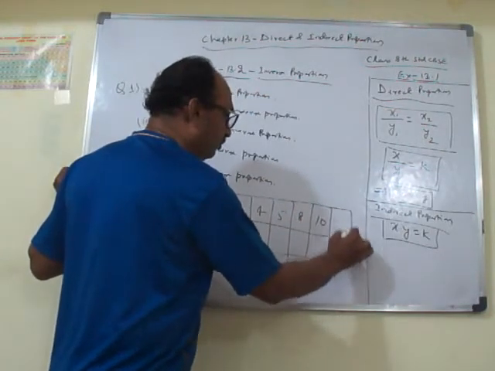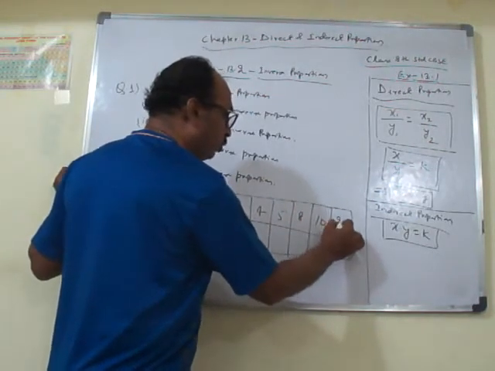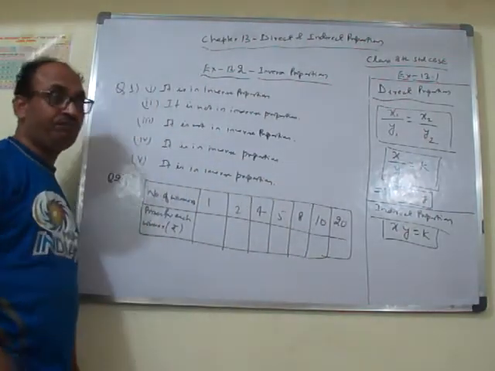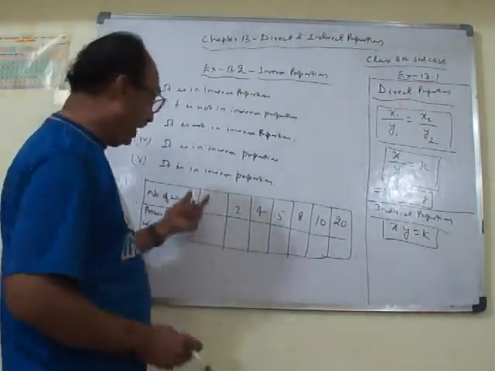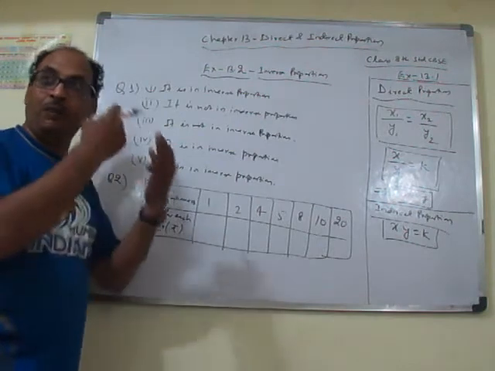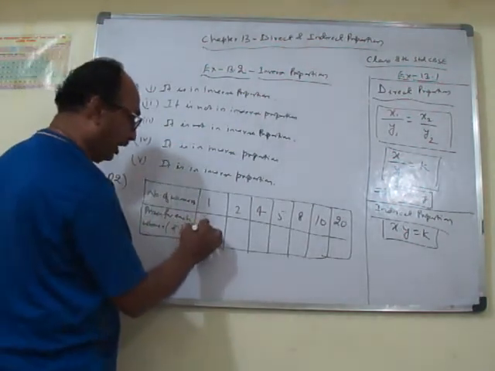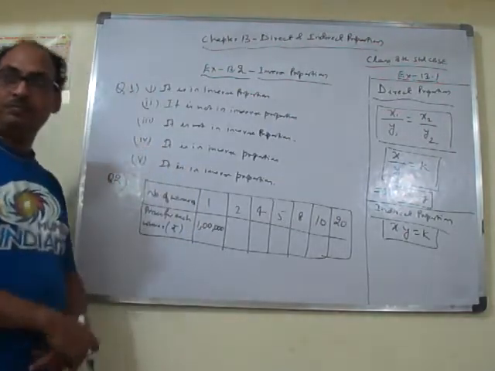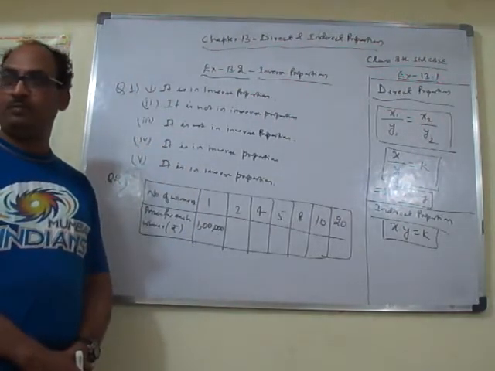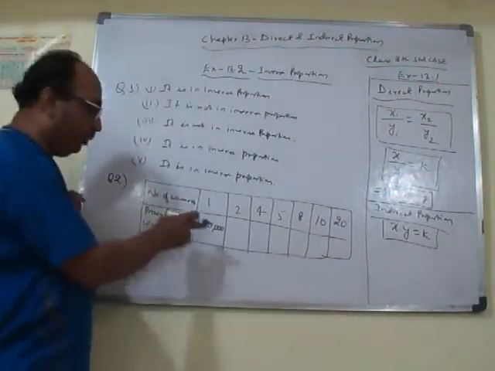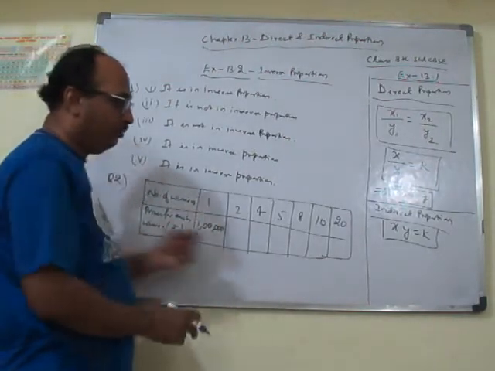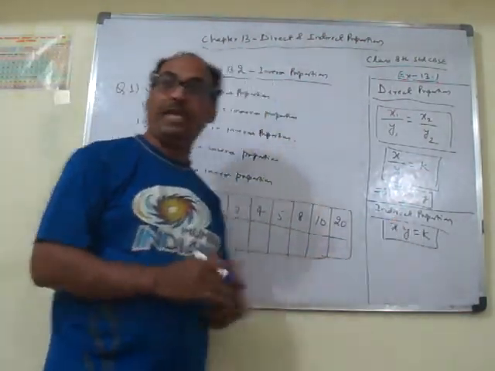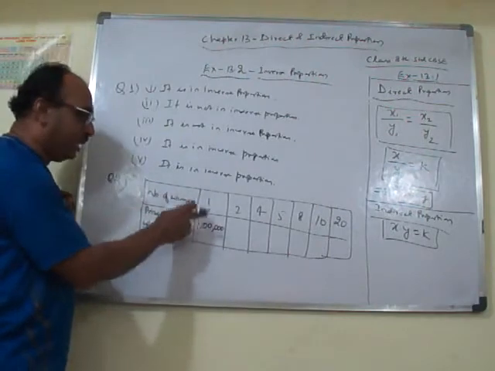If there is one winner, the complete prize money of 1 lakh rupees will go to him. Always this sum is xy equal to k, always multiplication.